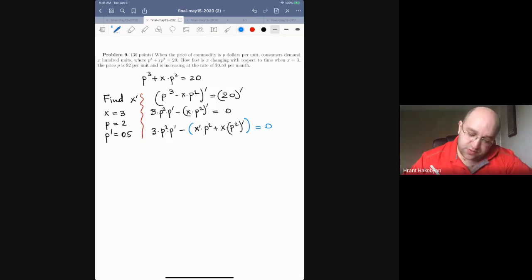And that's equal to 0. The only thing we have to remember now is that the derivative of p squared is equal to 2p times p prime.